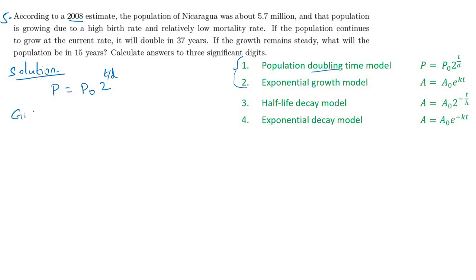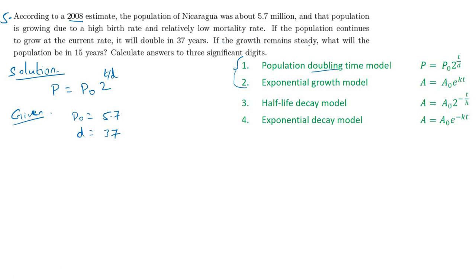So given, P naught is equal to 5.7 millions. I am not writing millions. Then directly here, if the population continues to grow at the same rate, it will double. That means doubling time is given. D is given equal to 37 years.